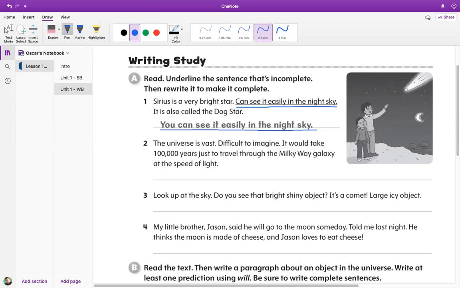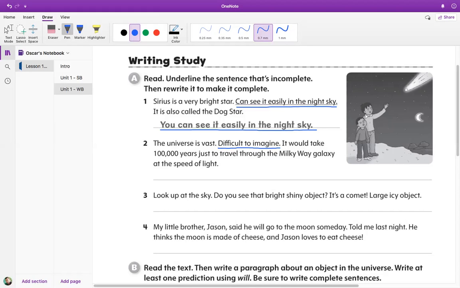"The universe is vast, difficult to imagine." So the first statement is complete. The universe is our subject, is our verb. But the second one is not complete. We don't have a subject and we don't have a verb. "Difficult to imagine." Let's continue.